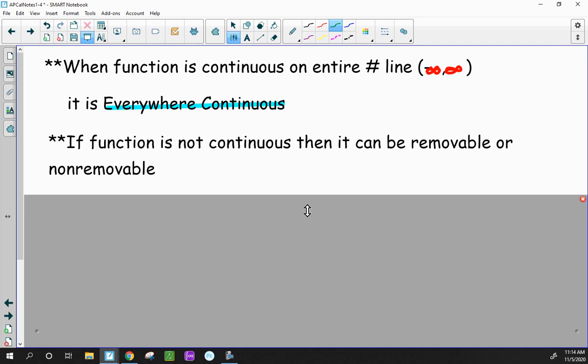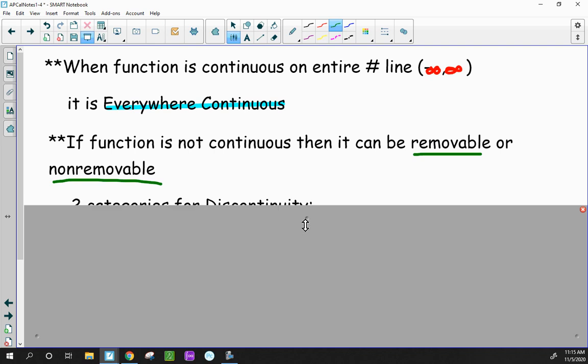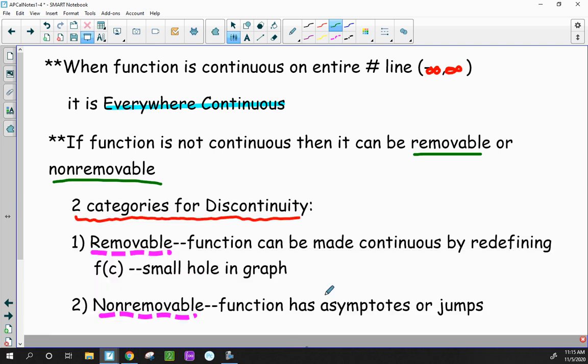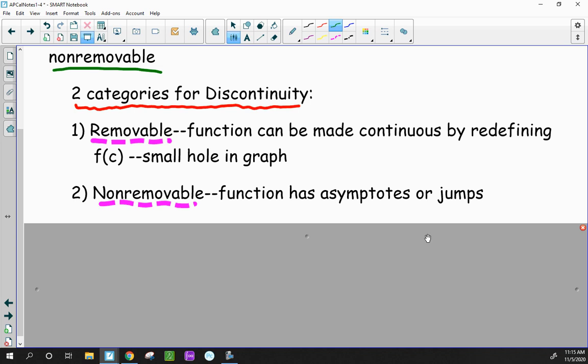If a function is not continuous, then it can be called removable or non-removable. So if a function is discontinuous, there's actually 2 types. And we did not learn this in pre-cal, so we're just going to look at these right now. They're fairly straightforward, but you need to make sure you understand the difference.